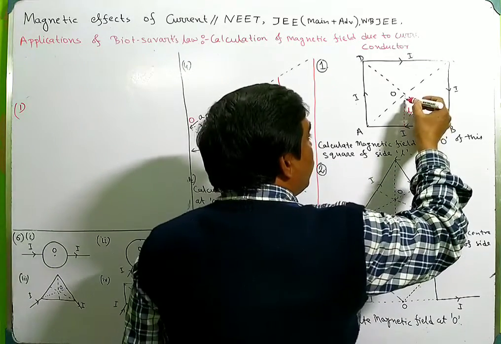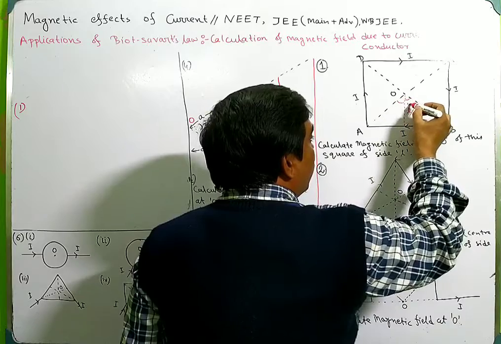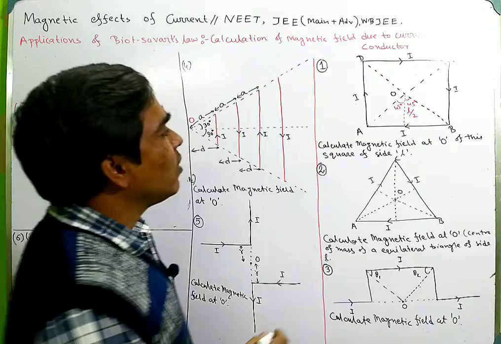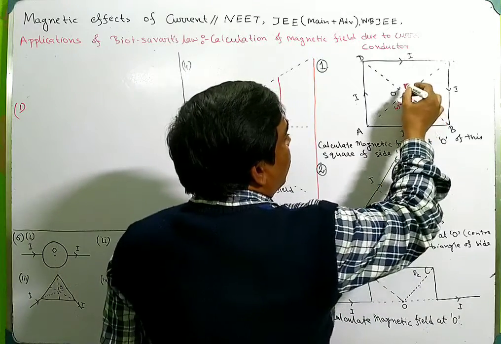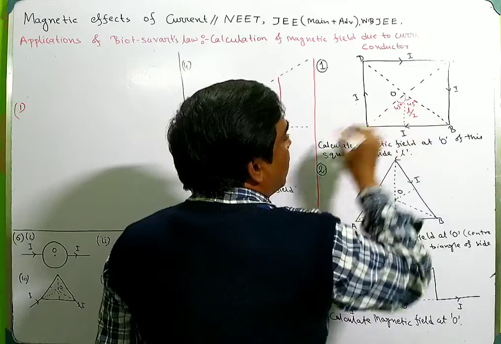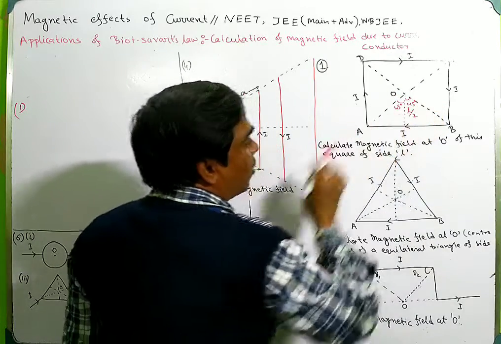Now these two angles will be 45 degrees, because this is a square: this is 90 degrees, this is 90 degrees, this is 90 degrees, this also 90, so it will be 45.